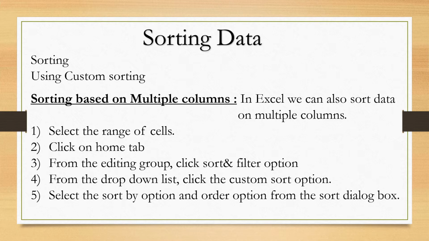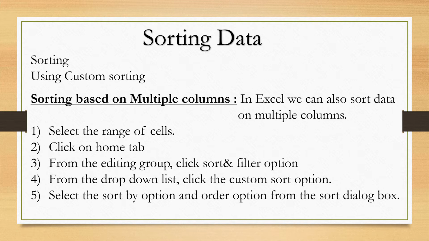In order to sort the data on multiple columns, the first four steps are the same. Select the range of cells, that is the cells for which you want to sort the data. Next, click on the Home tab, and from the Editing group, click the Sort and Filter option, and in that you will get the Custom Sort option.